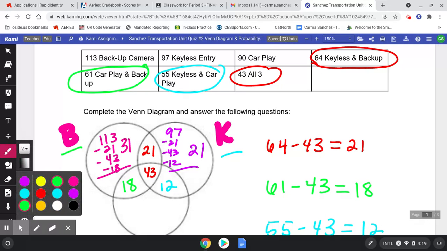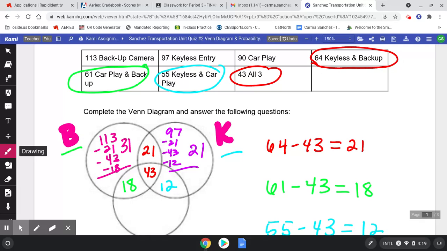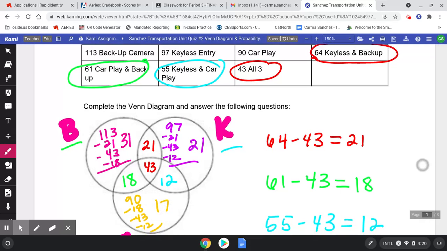And last but not least, we have that there are 90 CarPlay, but it's not just 90 right here. We have to subtract the 18 and the 43 and the 12 that are already being counted. So here I go in a calculator, 90 minus 18 minus 43 minus 12, and that leaves me 17.